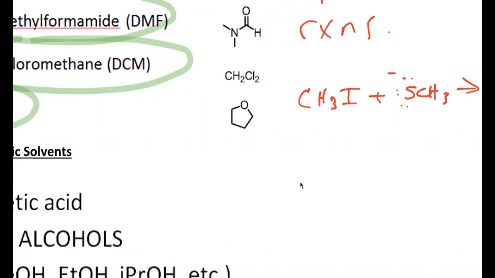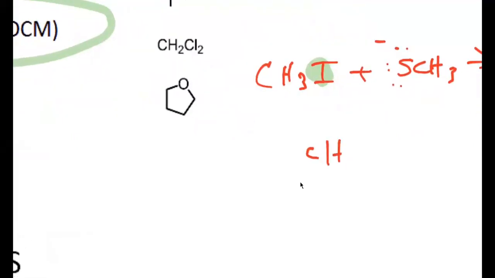So what would the result of that be? What's the nucleophile in that case? The S. Good, sulfur, right? And that makes iodine my leaving group. It makes the whole thing my electrophile, and carbon is the reactive site. So in the product, I'm going to get CH3, S, plus I minus.